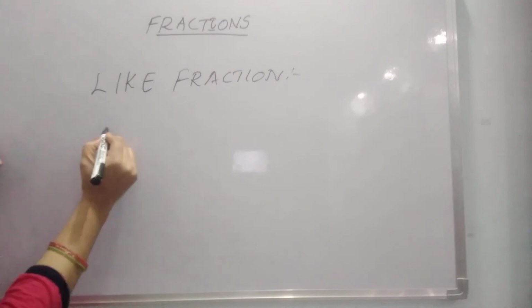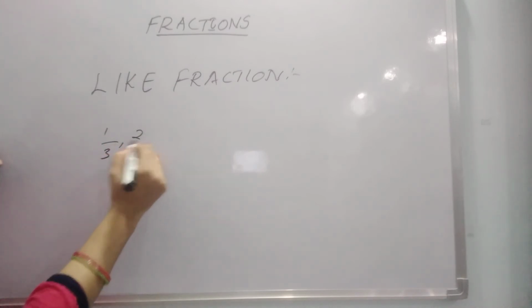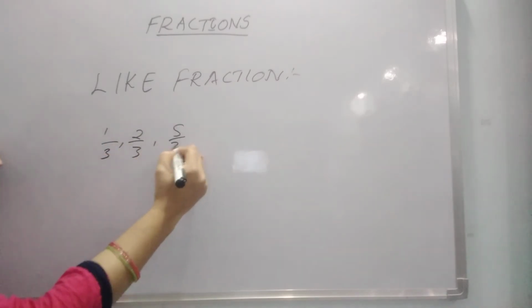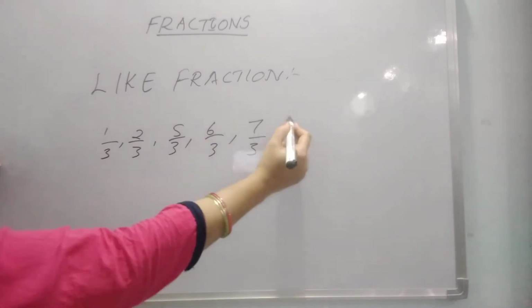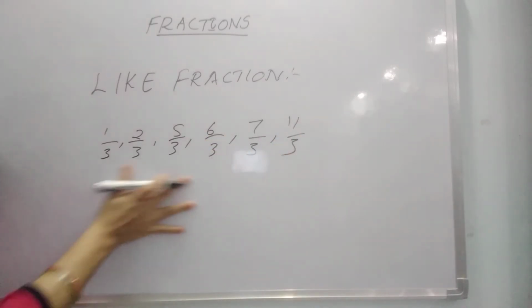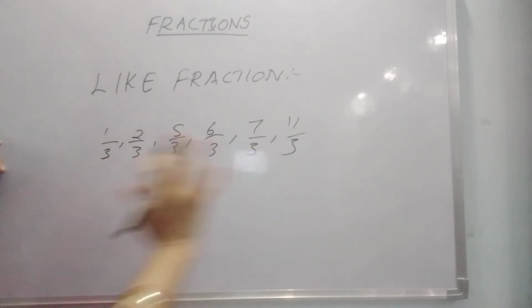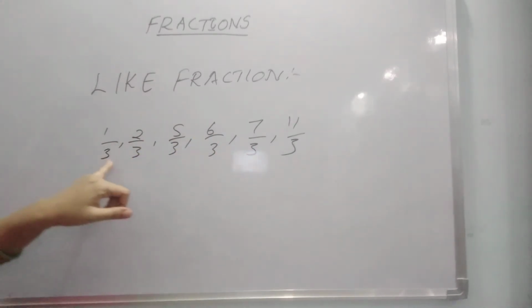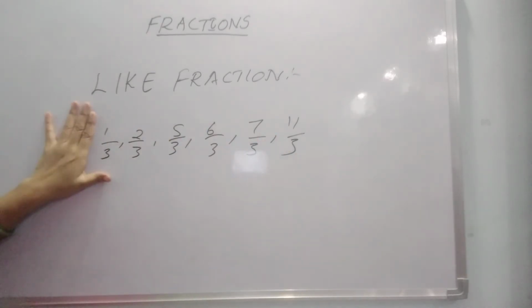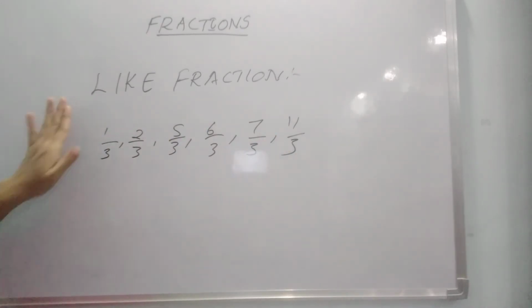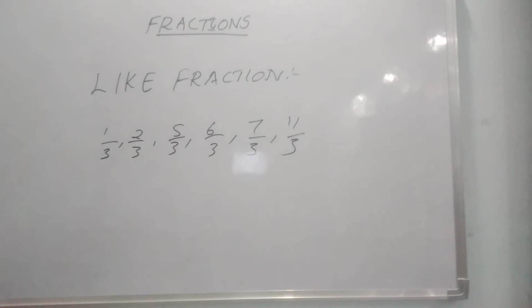That means 1 by 3, 2 by 3, 5 by 3, 6 by 3, 7 by 3, 11 by 3. These are all like fractions. The denominator is the same, 3, 3, 3, 3, 3. If the denominator is the same in all, then the fractions are like fractions.